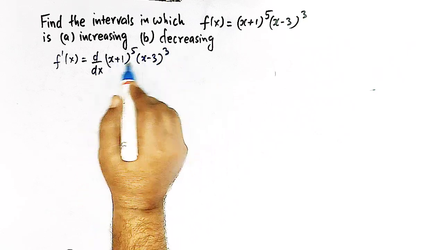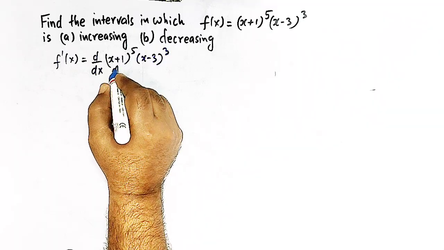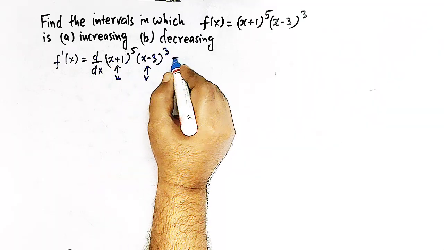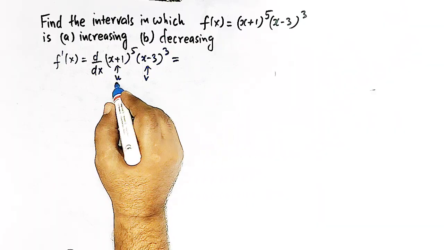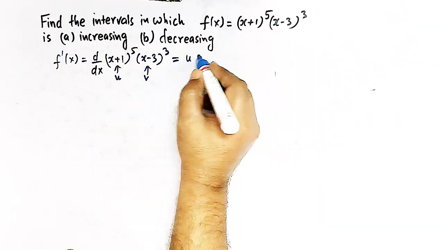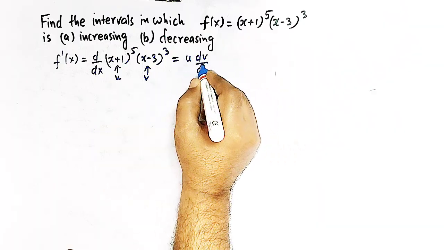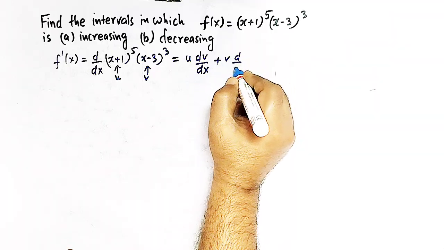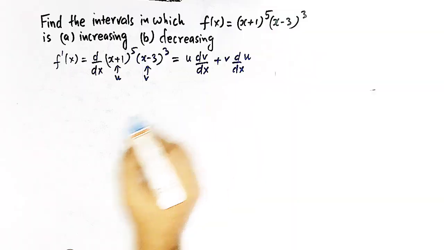Here we have the product of two functions. Let us take this function as u and this function as v, and we can apply the product rule. So we have the first function times the derivative of the second function, plus the second function times the derivative of the first function.